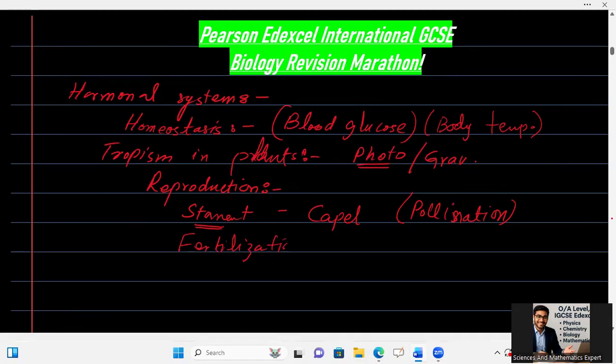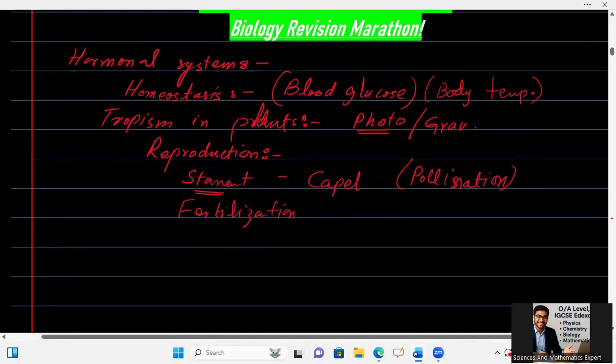Fertilization happens inside the ovary, where the pollen tube grows down the style, from stigma to style to ovary. The male nucleus fuses with the female ovule, and the ovule becomes the seed, and the ovary becomes the fruit. This was a little bit of introduction related to reproduction in plants.